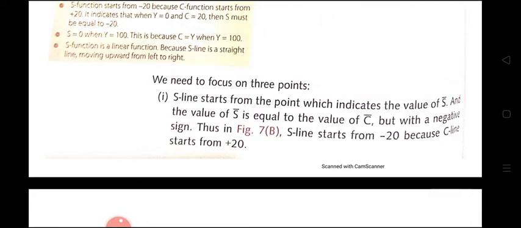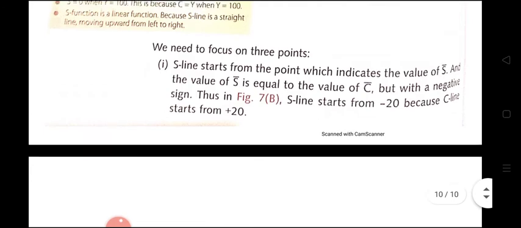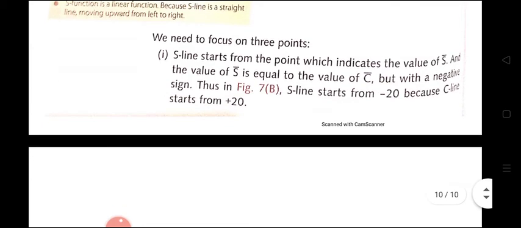Now three points which need to be focused on. Again, I am repeating. The S line starts from a point on the negative axis, which indicates the value of S bar. This is the level of saving at zero level of income.